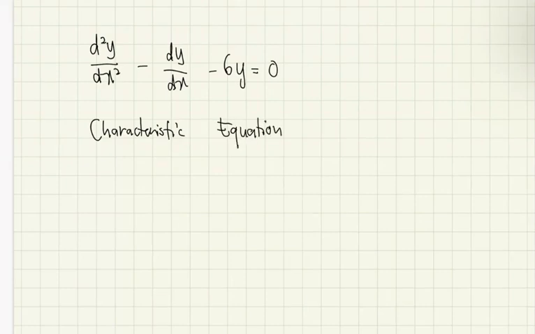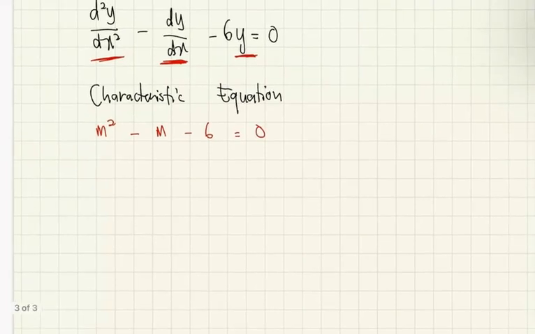Okay, so to transform to the characteristic equation, take this one as m squared. So we have first coefficient 1, so we have m squared minus m minus 6y, y substituted with 1, so m squared minus m minus 6 equal to 0.